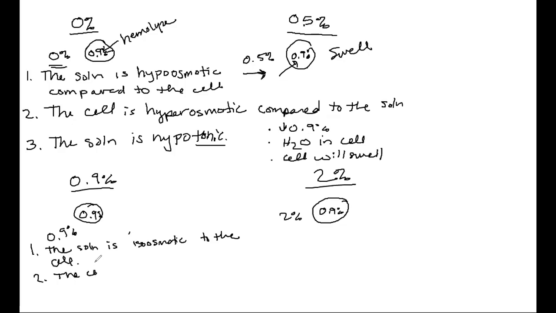The cell is isoosmotic to the solution, right? And then how do you describe this using tonicity? Good. The solution is isotonic. Sorry, guys. The solution is isotonic.